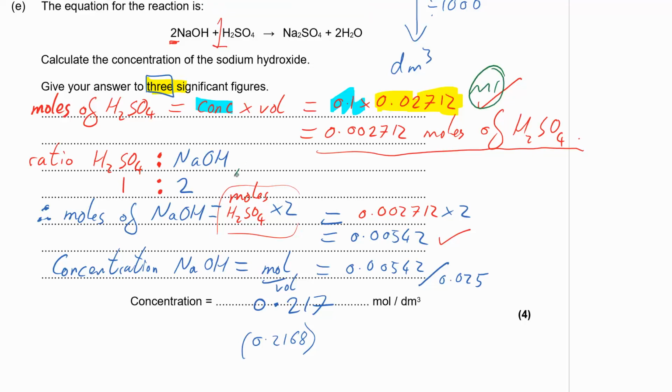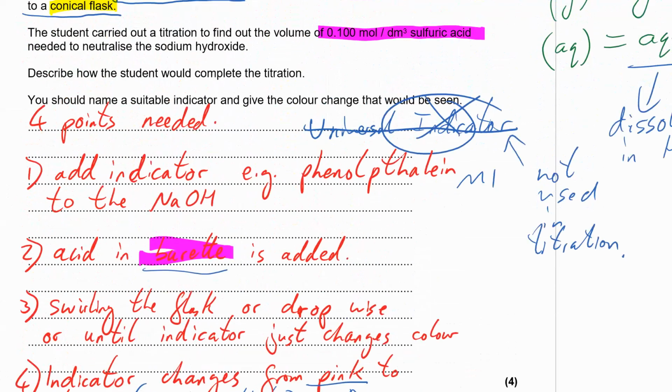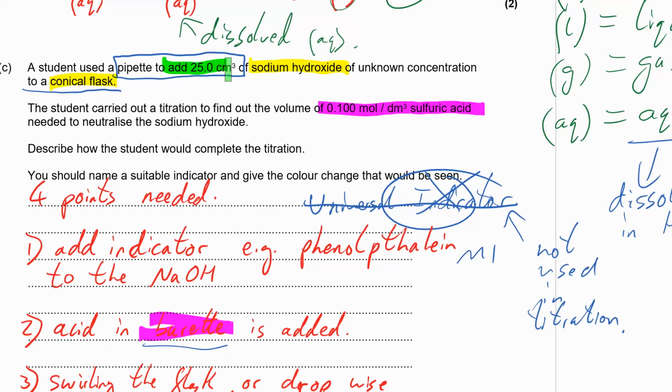So your marking points, that would be 1 mark. Mark 1 is for that. Mark 2 is for the ratio. Mark 3 to work out the moles of NaOH. And then finally, once you know the moles of NaOH, we can now work out the concentration of NaOH. And this is going to be divided by the volume. And this volume here, 0.025, is generally always going to be 0.025, and that is because it is this value here.